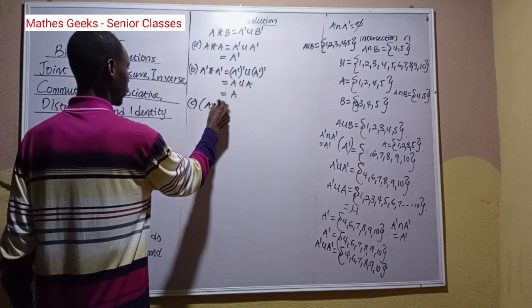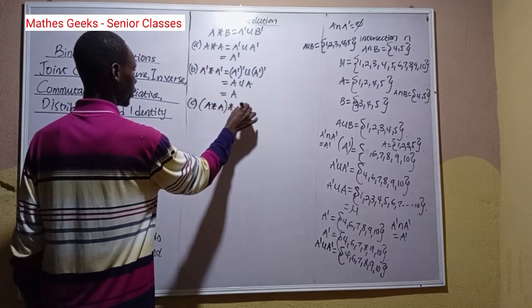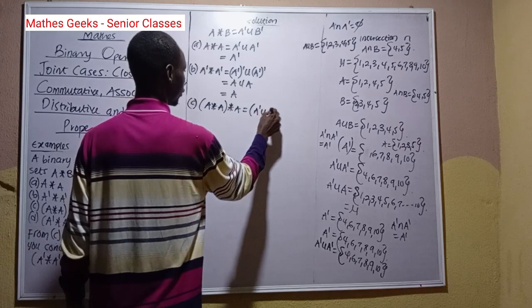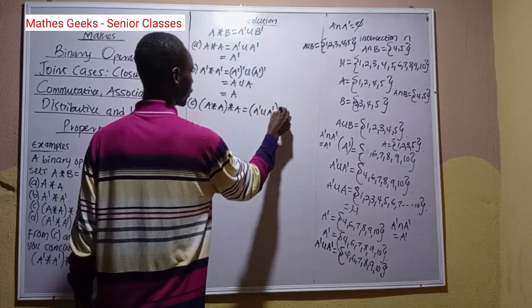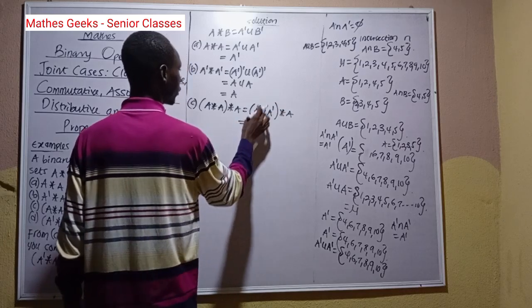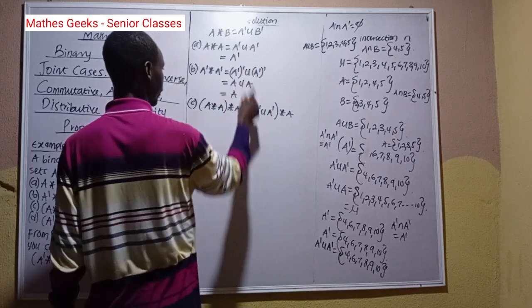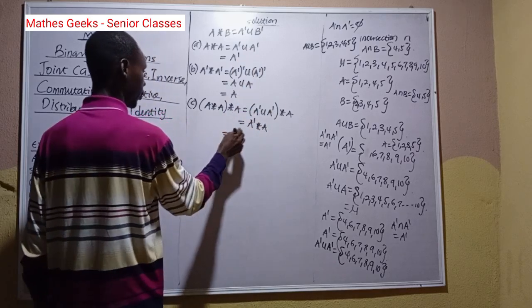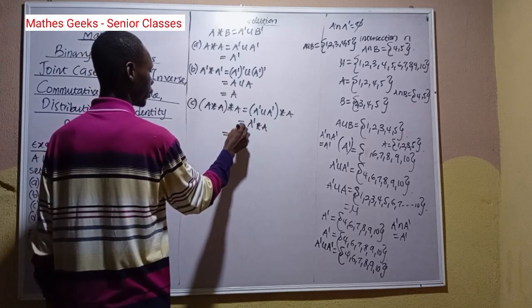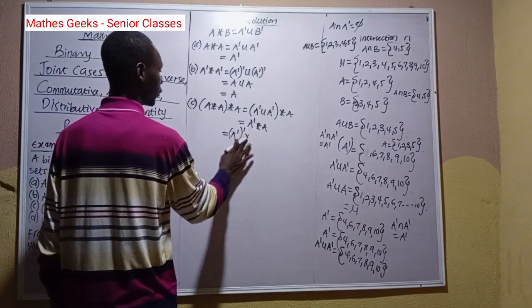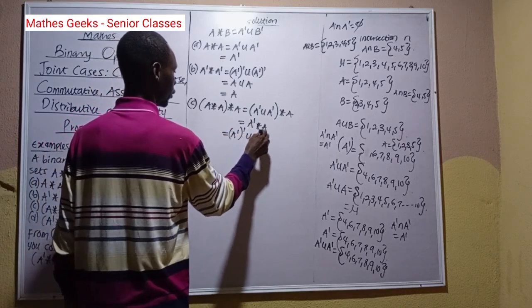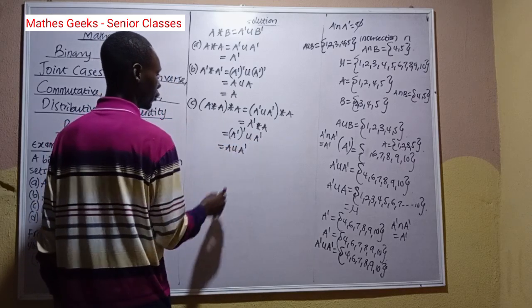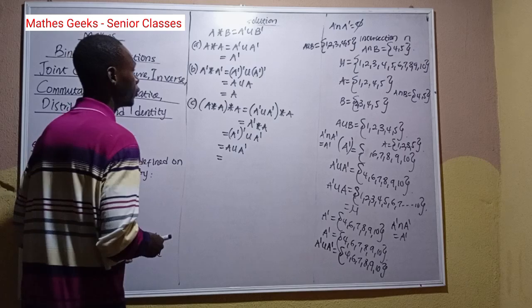Also, A complement star A complement star A is, A complement star A gives us A complement union A complement, which is A union A complement.